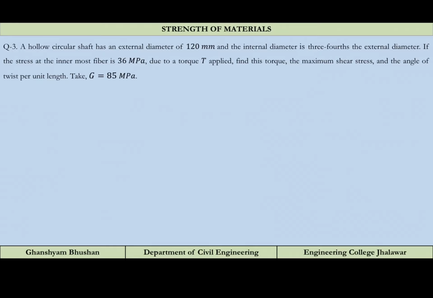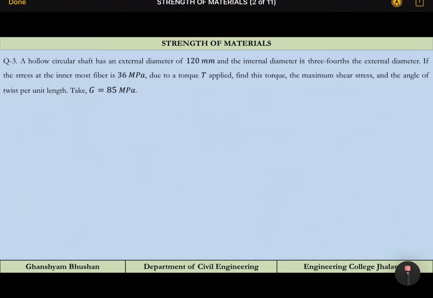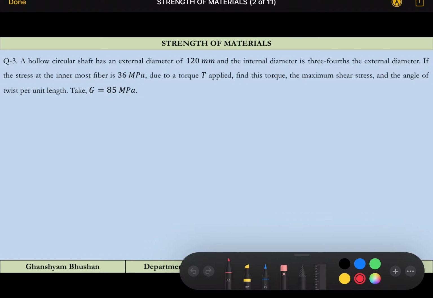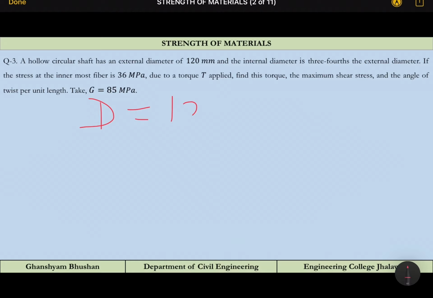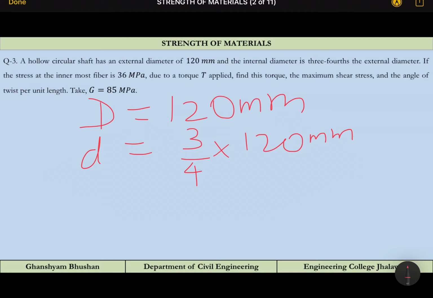What is the first step? Try to write the given parameters. External diameter is 120 mm, internal is 3/4 of 120 mm, which will be 90 mm.